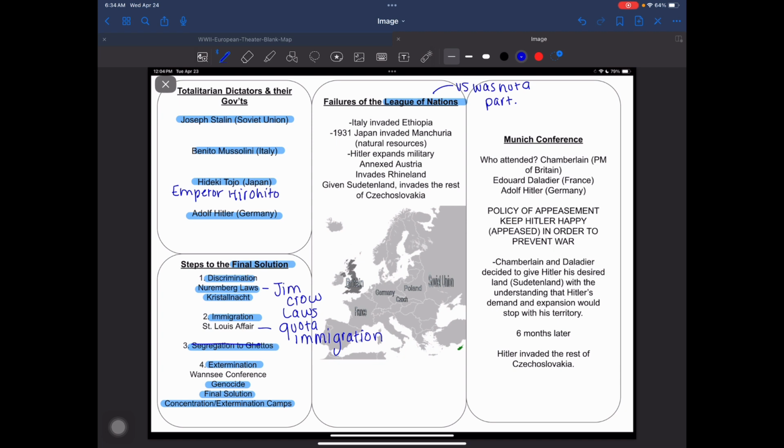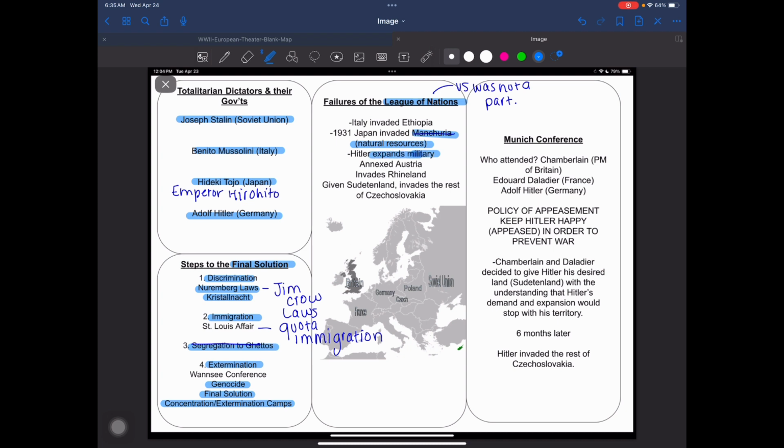Italy invaded Ethiopia. It says in 1931, Japan invades a place called Manchuria, and Manchuria is full of natural resources that Japan needs for their industries and to fuel their military, and so on and so forth. Hitler is going to expand his military.